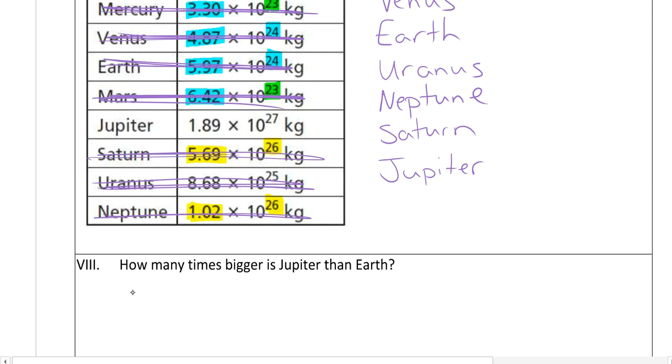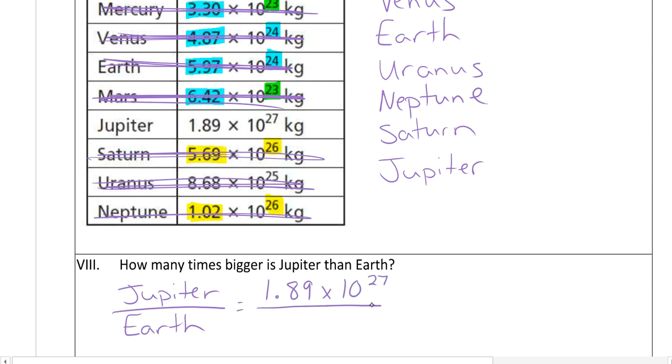So we're going to divide Jupiter's size divided by Earth's size. Jupiter is 1.89 times 10 to the 27th, and Earth's mass is 5.97 times 10 to the 24th.